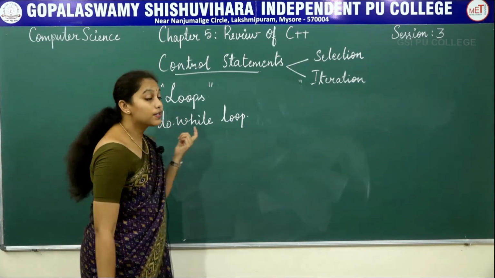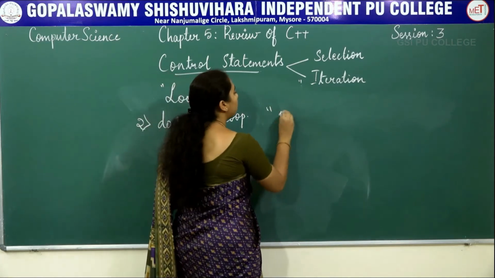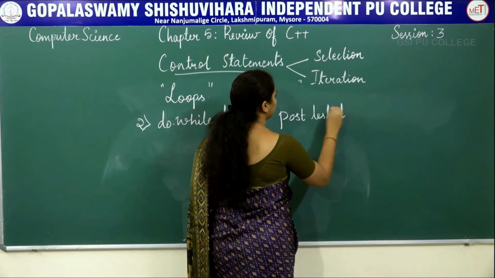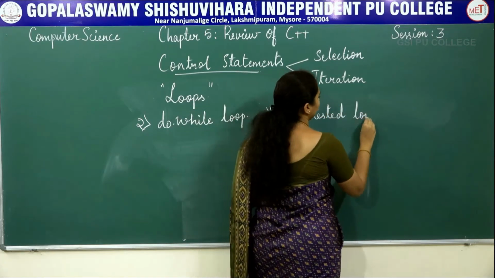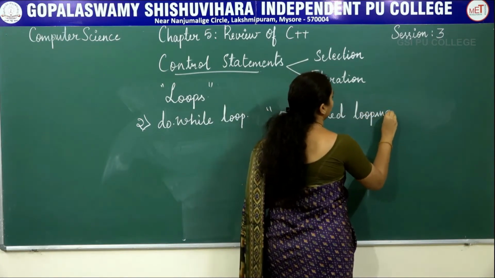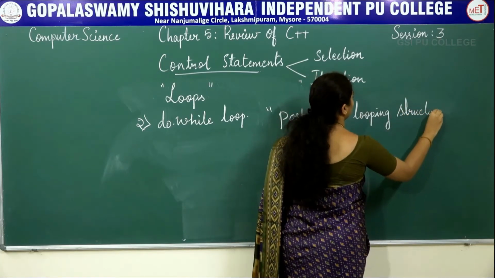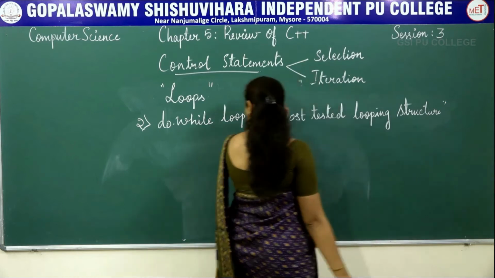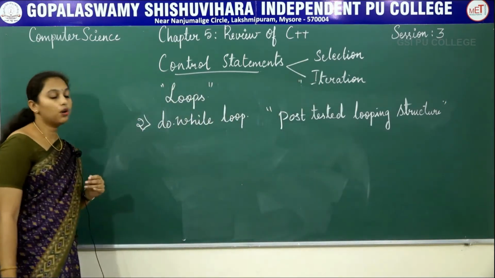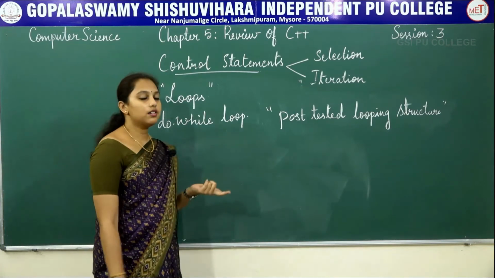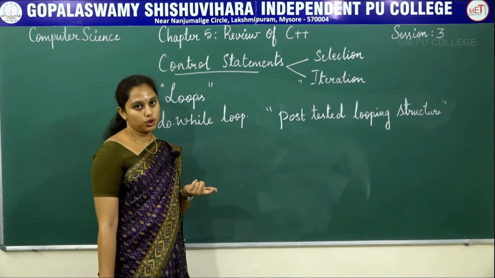Do while loop is also called as post-tested looping structure. Why it is called as post-tested looping structure?